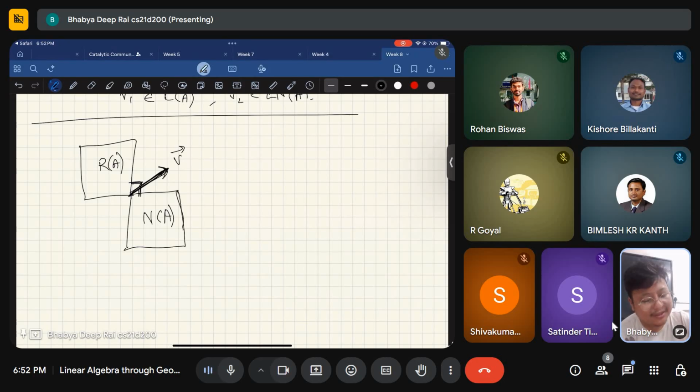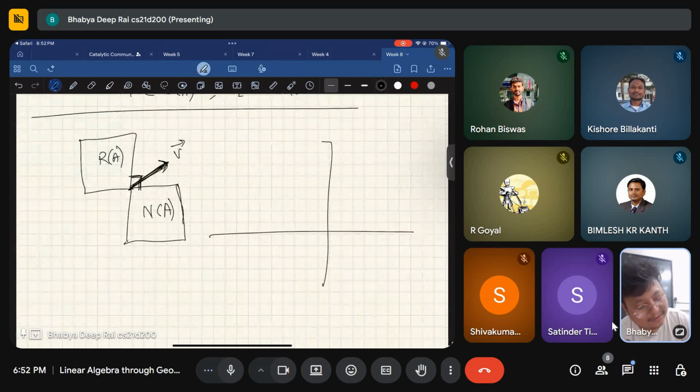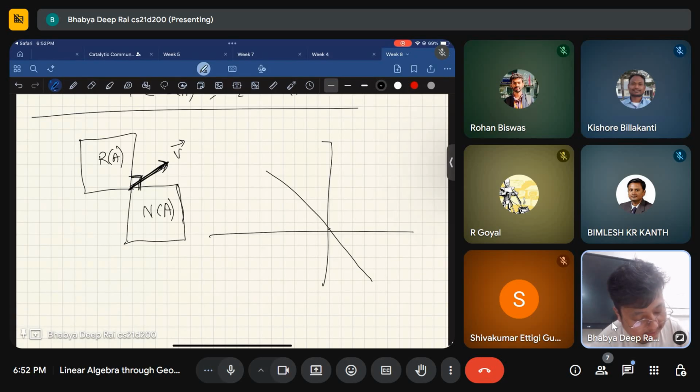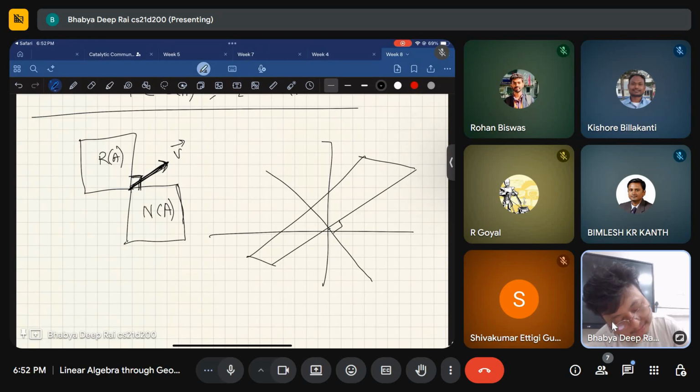These two spaces are perpendicular to each other. So you can imagine, let's say I have a space where I have one plane and another plane which is perpendicular to it, and I have vectors lying on these planes.